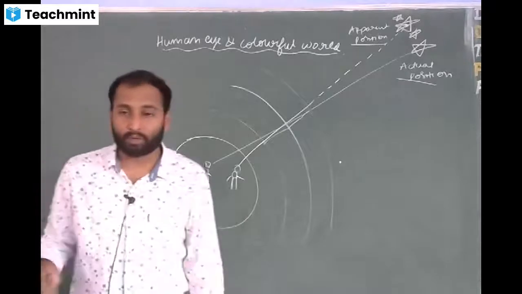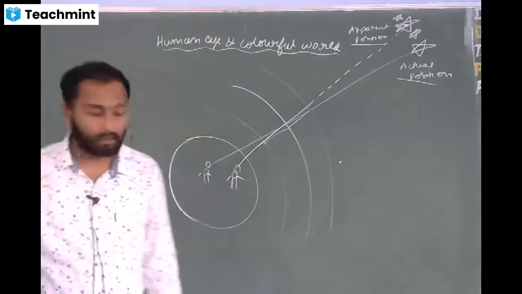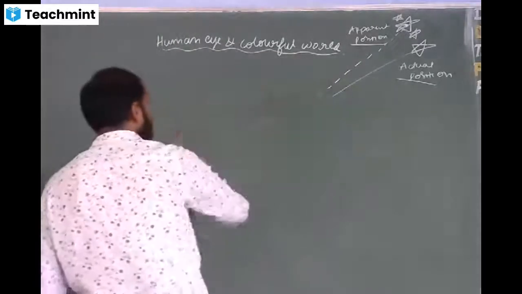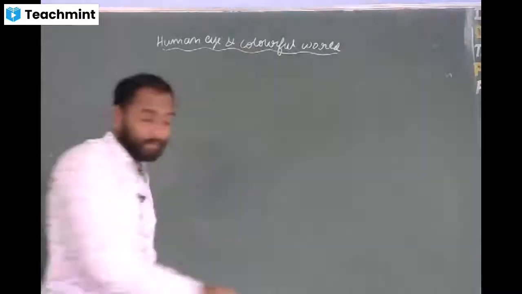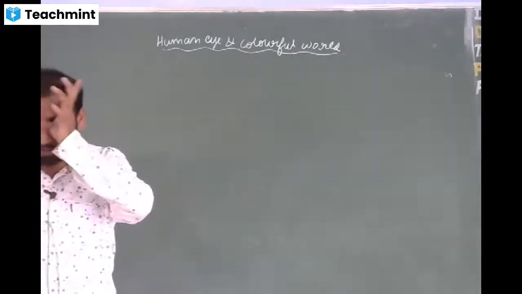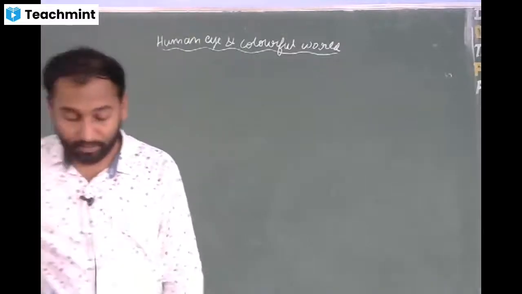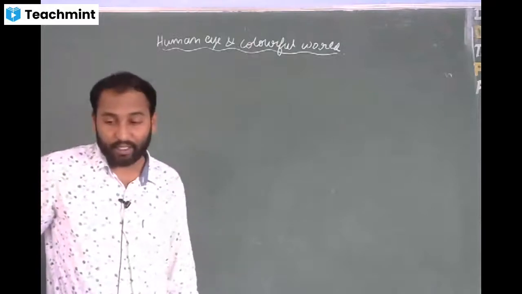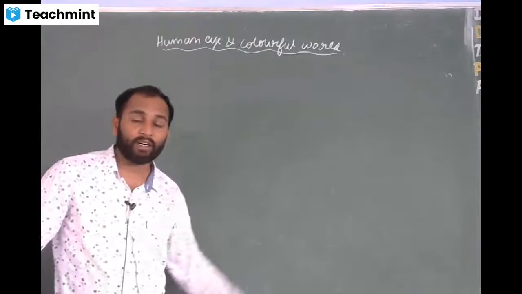After this there is one more question: why do planets not twinkle? Can anyone explain? You know luminous objects and non-luminous objects. A star is a luminous object because it emits its own light. A non-luminous object does not emit its own light, but reflects light from a luminous object.